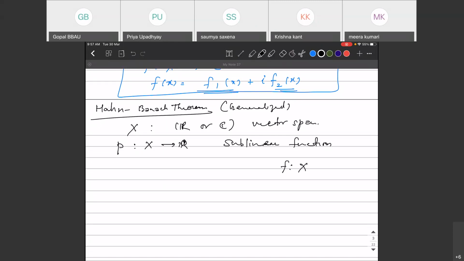A map f from X to the underlying field, here either R or C. If the underlying field is C, then this is not a functional, but only a function.